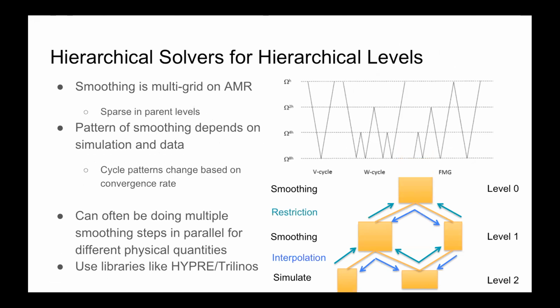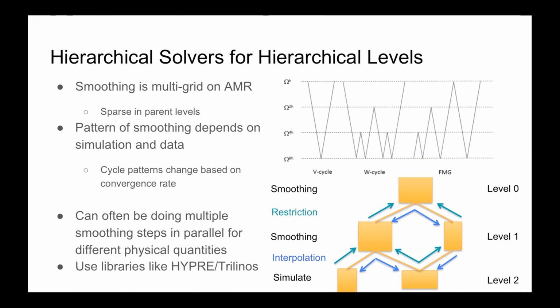Okay. The next part of AMR: I told you about the operations and how they get composed together. Well, what you're actually doing with this smoothing is effectively a multi-grid solve on top of this AMR hierarchy that you've constructed. And so they actually do run things like V cycles and W cycles and full multi-grid cycles, going up and down these levels of the hierarchy in order to smooth out the data for the AMR simulation.